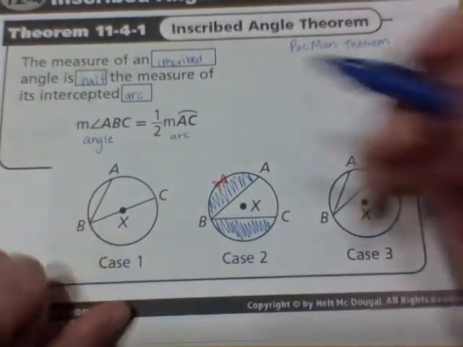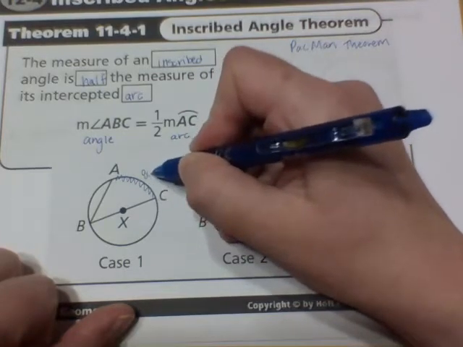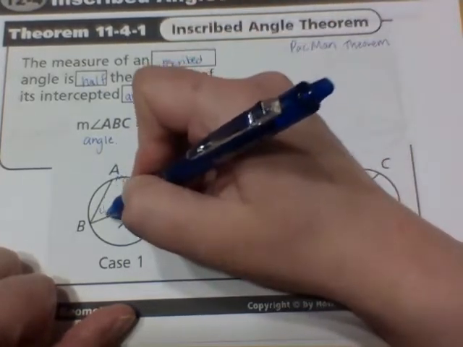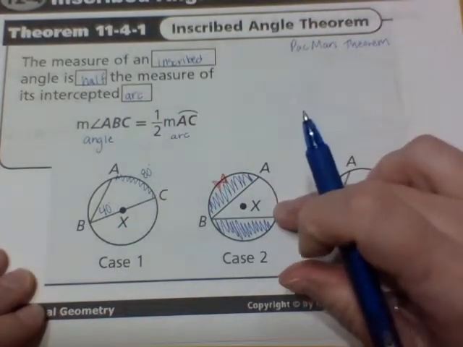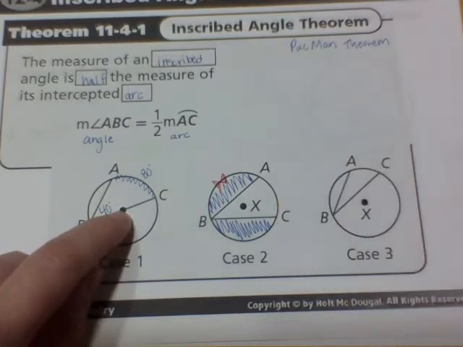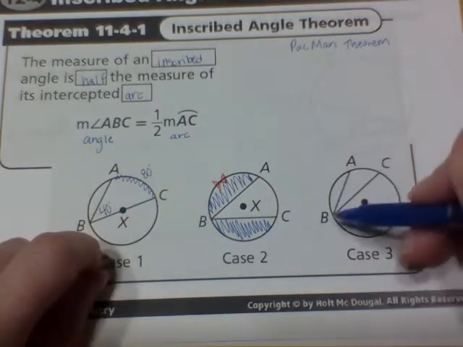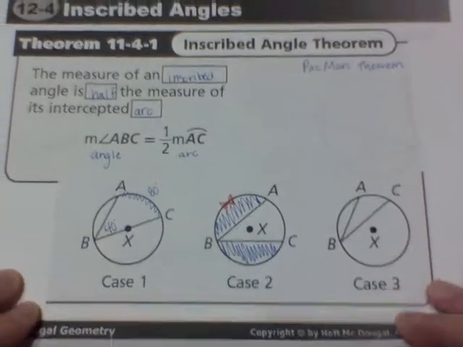For instance, if we know that this arc measure is 80, then we know that this is 40. Same thing here, even if one of the sides doesn't go through the center, or if they don't even straddle the center piece. So that's your Pac-Man theorem. Alrighty.